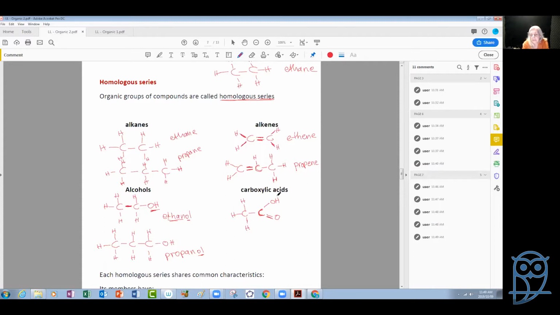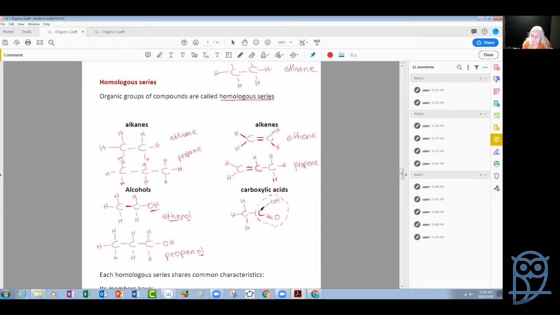So this part here is the characteristic of the carboxylic acid. All the carboxylic acids in organic chemistry will have this carbon connected to this oxygen and this hydroxy group. So all this lot here, this complex kind of group of atoms, is characteristic of the carboxylic acids.